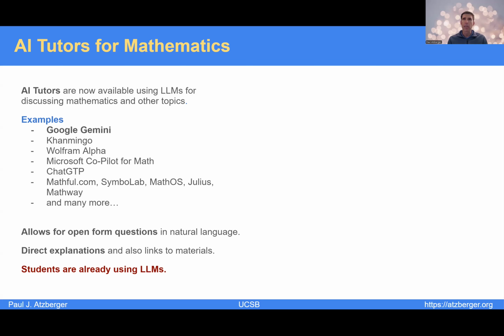I'll focus primarily on Google Gemini, but I also wanted to point out that there are other interesting math resources that are a little bit more in the traditional category, like Wolfram Alpha, if you're familiar with that, or packages like Mathematica, SymPy, and so on that have traditionally been used. But the challenge often for students is you have to write this within a very precise mathematical scripting language or use it in the context of a programming language like Python.